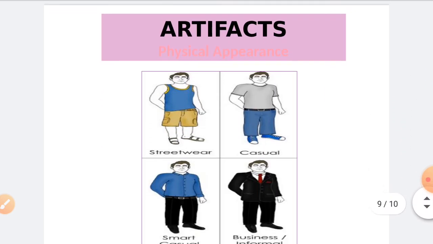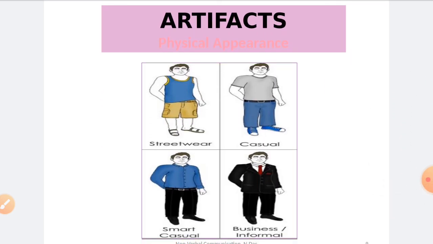Now, the last in the broad category is artifacts. Artifacts refers to the physical appearance of an individual. This is the first non-verbal message received and can be used to develop judgments about an individual. People are often judged on the basis of their physical appearance, what they wear, their dresses, their jewelry, the accessories that they wear.